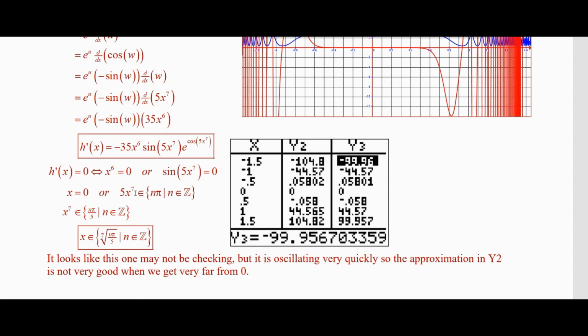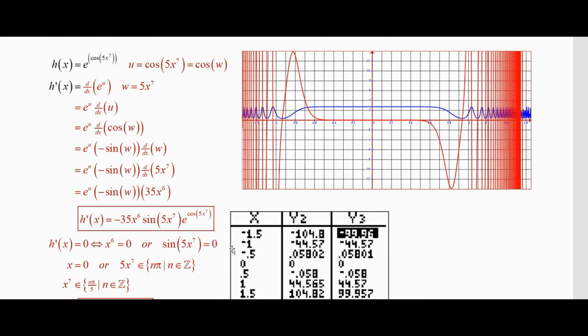So divide by 5 and take the 7th root. And we see that x is the 7th root of n times pi over 5, where n is any integer. And that does include the 0 as well, so I don't have to worry about that. Otherwise, I'd have to throw that in as well. And so those are the places where we have the derivative is undefined.